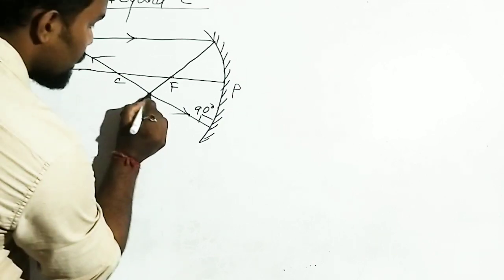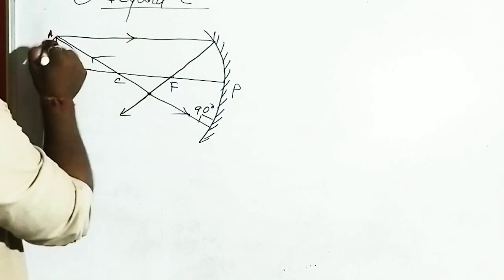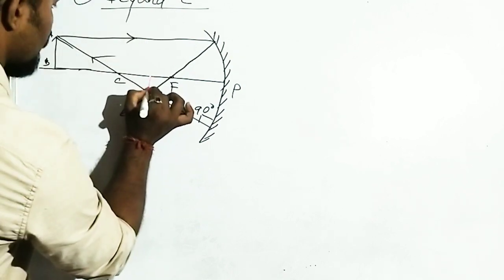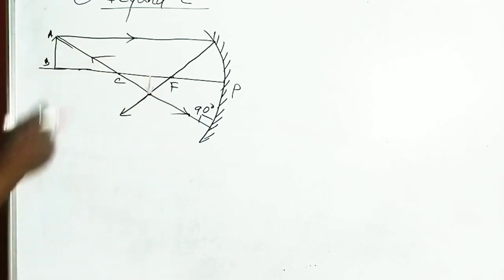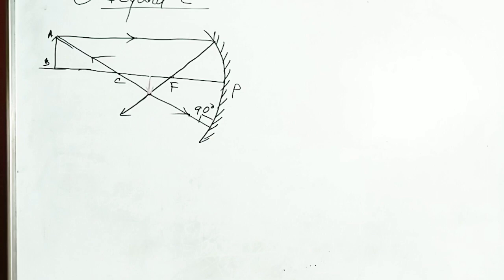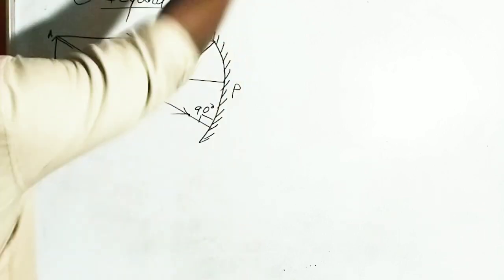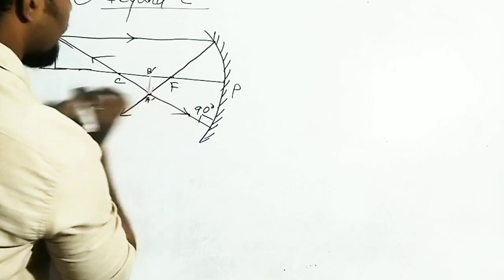This position is going to give us the image of that object, and since it is real and inverted, it is upside down. If the object is AB, this image is known as B dash A dash.